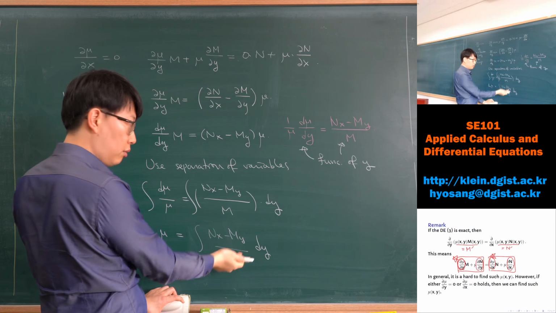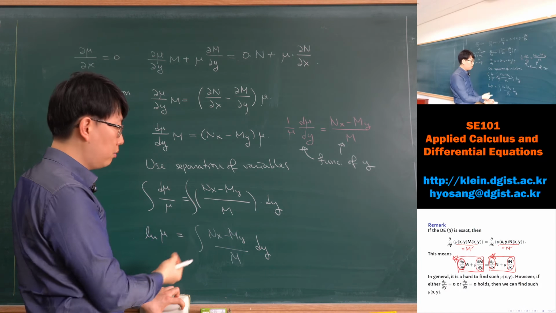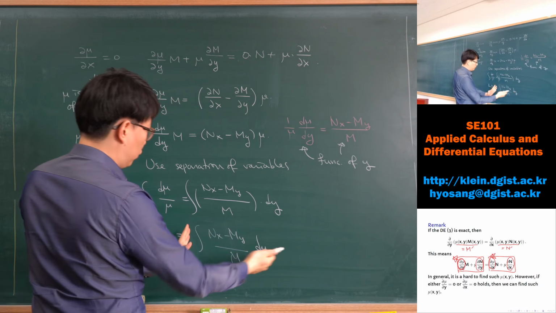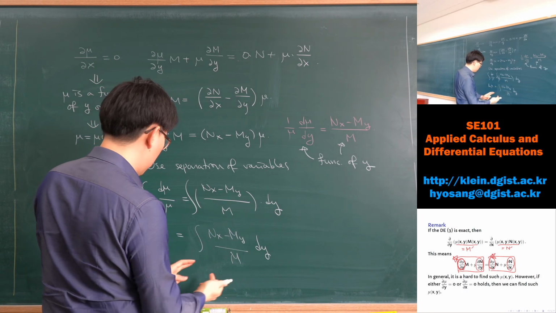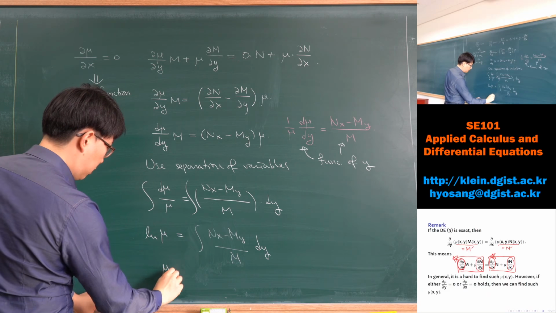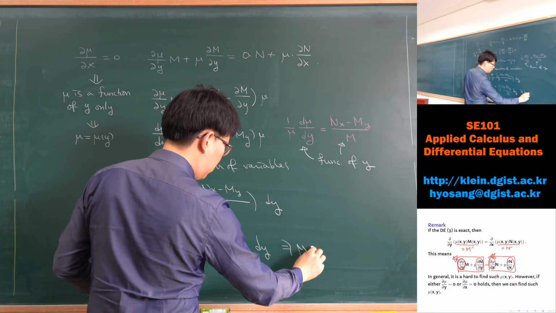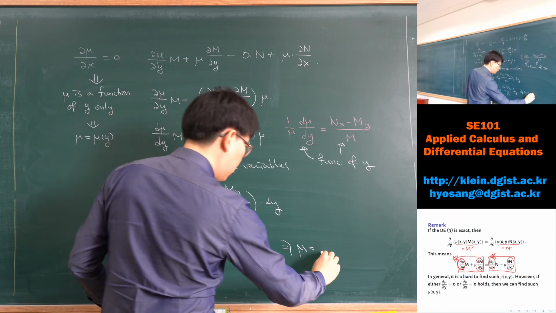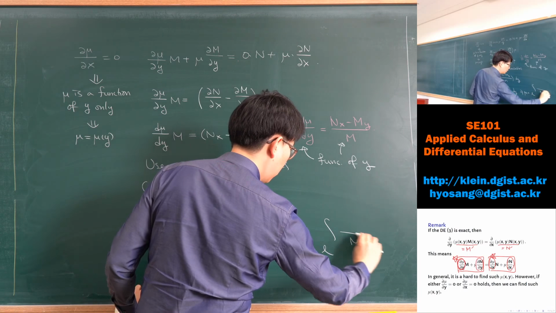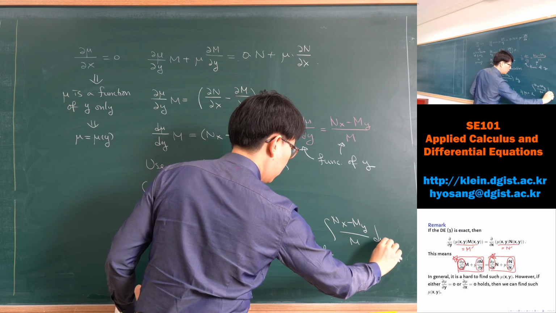So when I take the integration of this part, this is just a one variable integration, and we don't know what this is going to be because we don't know exactly what n and m are. So let's leave it like this, and then the final mu will be e to the integration of (nx minus my) over m dy.